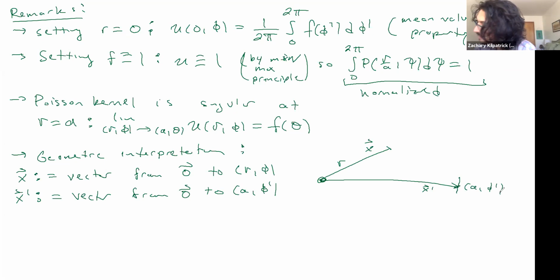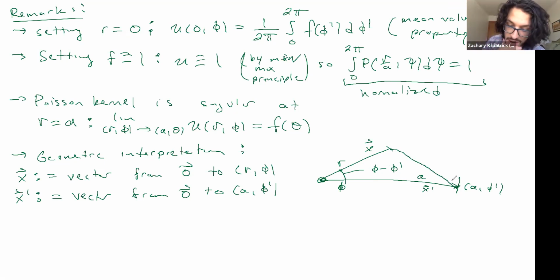A, phi prime. And then this is my phi here. So then the intermediate angle here is phi minus phi prime. This vector has length a here, and we complete the triangle here.